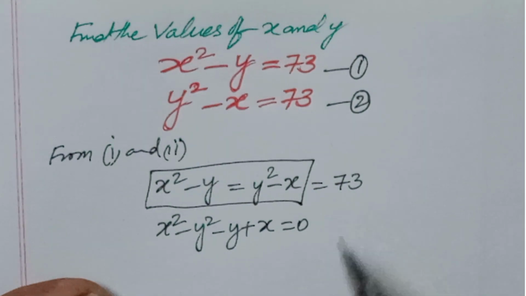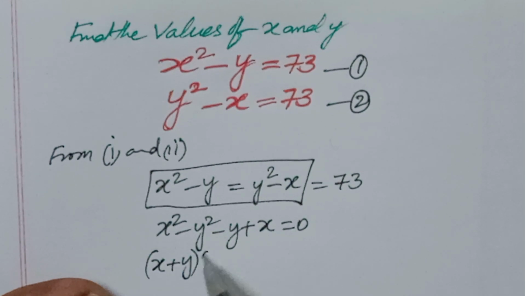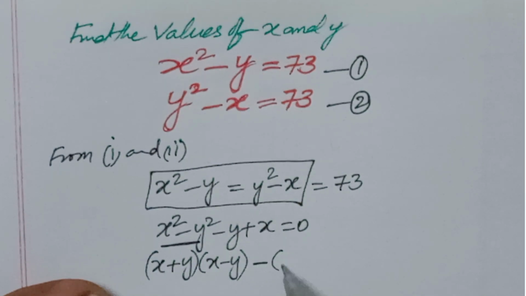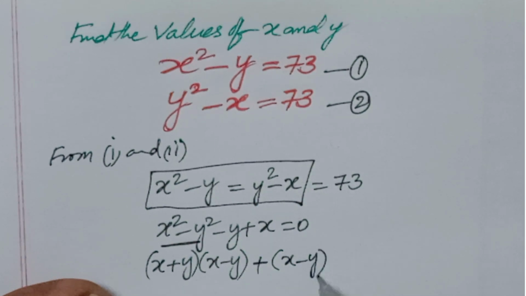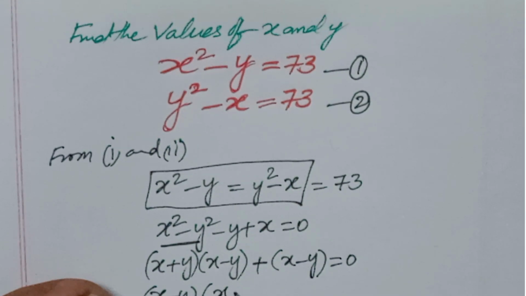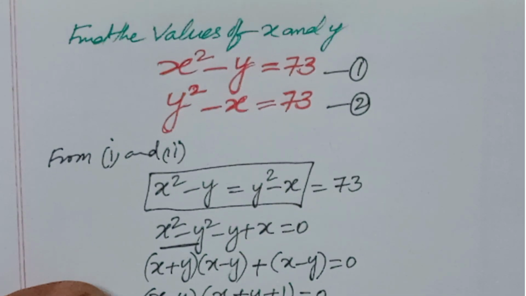Okay, so here what will we get: x plus y into x minus y, applying the formula a square minus b square, plus x minus y equal to 0. Here you can take common x minus y. So you'll get x plus y plus 1 equal to 0.